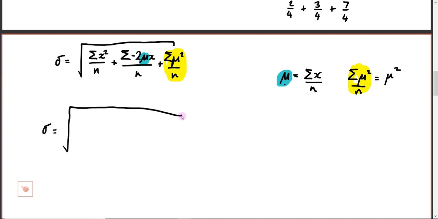So I'm going to go with sum of x squared over n plus the sum of minus 2, but instead I'm going to replace it with this. I don't need another sum of, so I'm going to do x over n, but I've got another x and another n, so it becomes x squared over n squared. Okay? Okay with that? And finally, I'm going to have plus mu squared. All right?